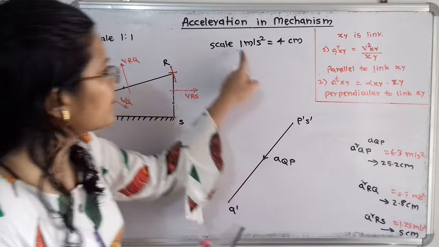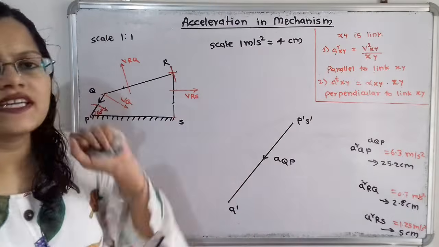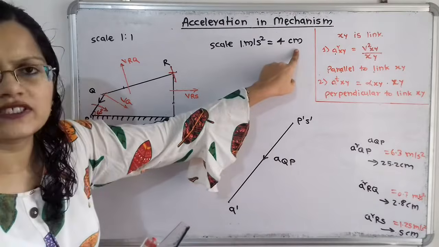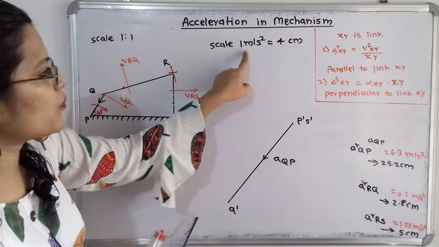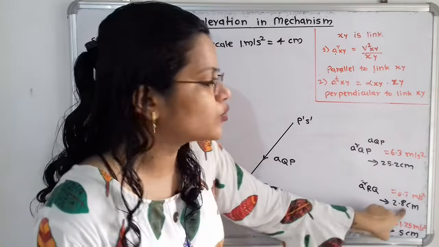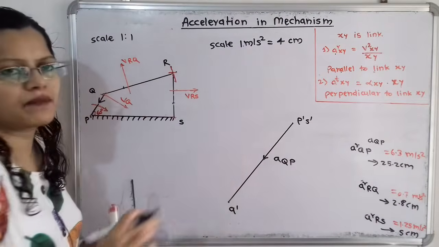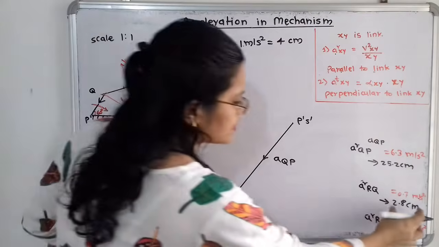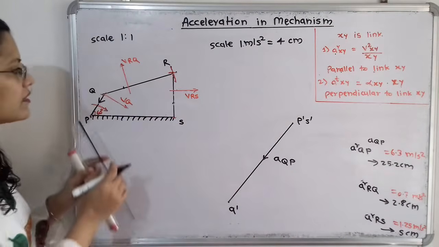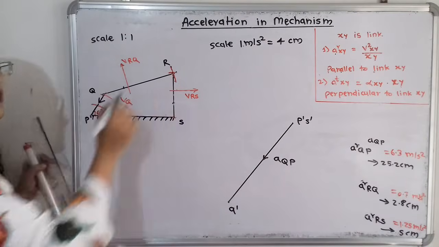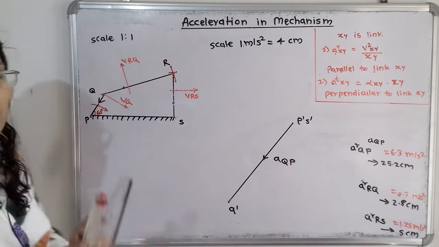For this we will use the scale: for 1 meter per second square 4 centimeters, so for 0.7 meter per second square it is 2.8 centimeters, that is 0.7 multiplied by 4. So we have to take 2.8 centimeters, in the direction parallel to QR and passing through Q.